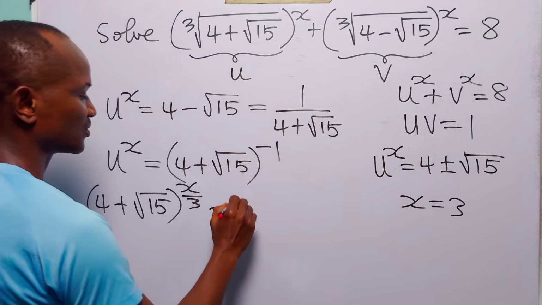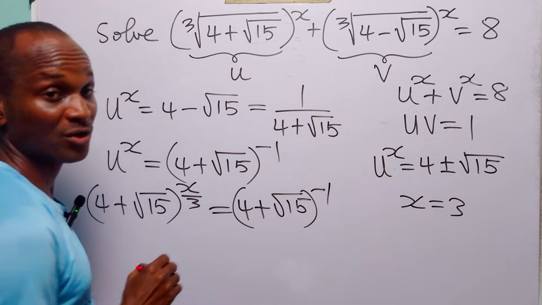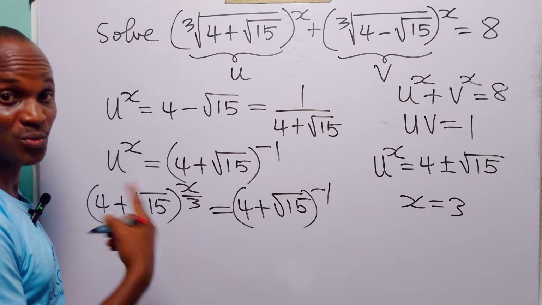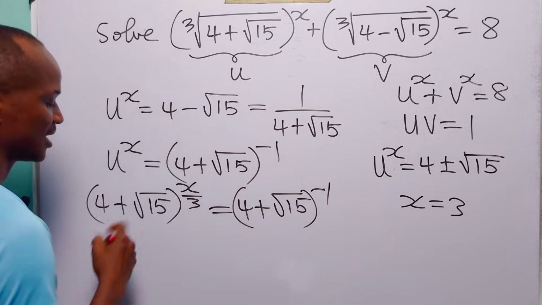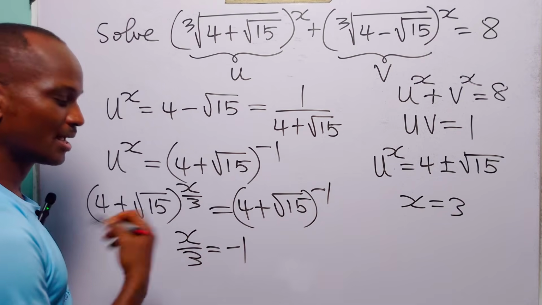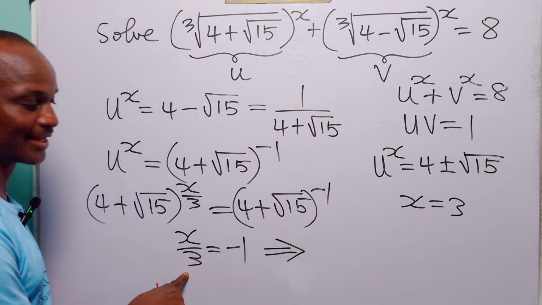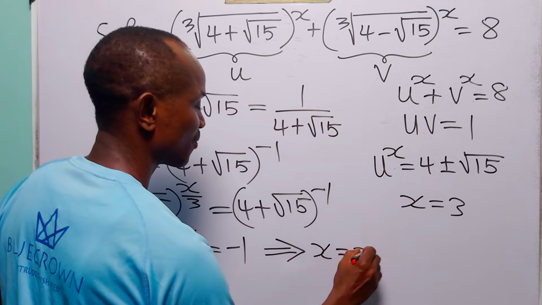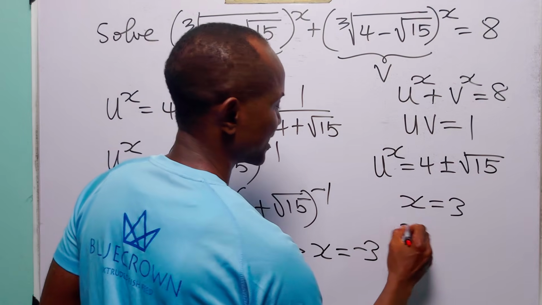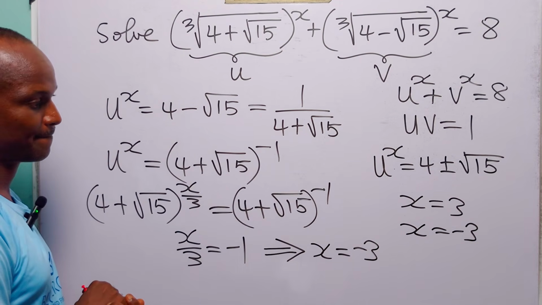This is equal to 4 plus root 15 to the power minus 1. We have the same base on both sides of the equation, so we can now equate the exponents. We have that x over 3 is equal to minus 1. And of course, when we multiply both sides of this equation by 3, we have that x is equal to minus 3. So we have two values for x. We have that x is equal to 3 or minus 3.